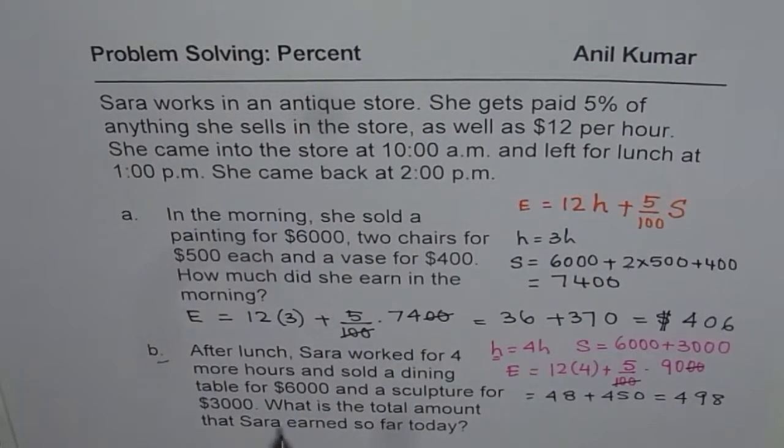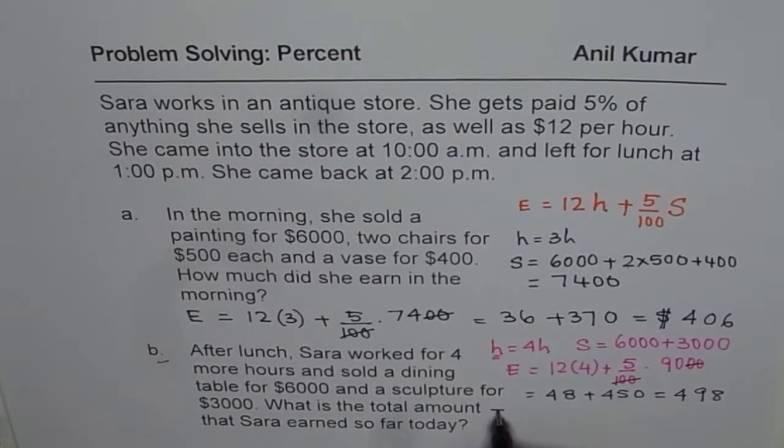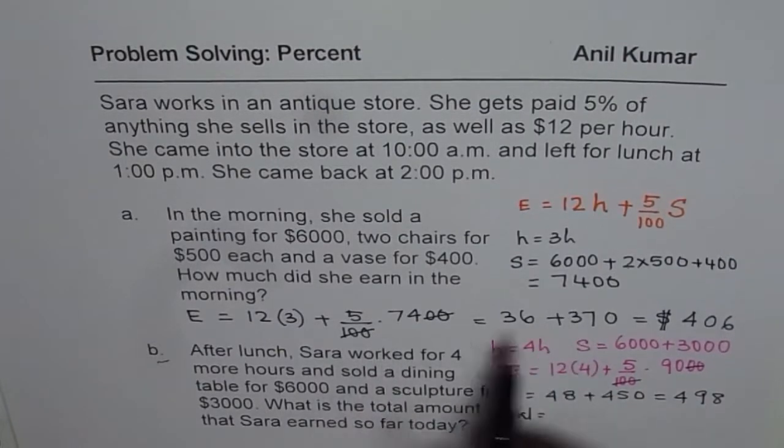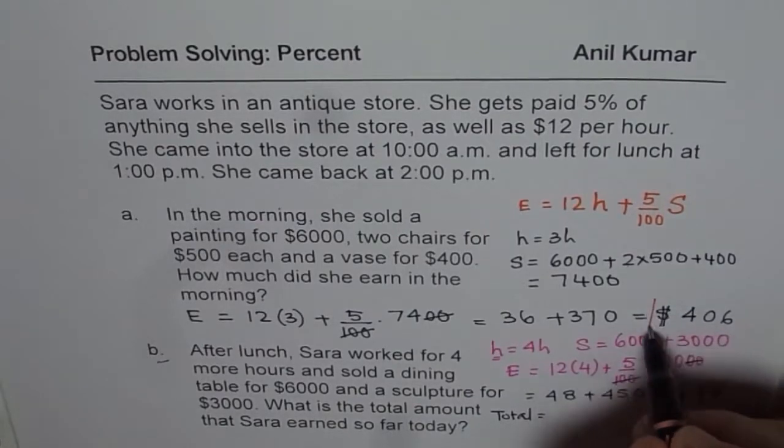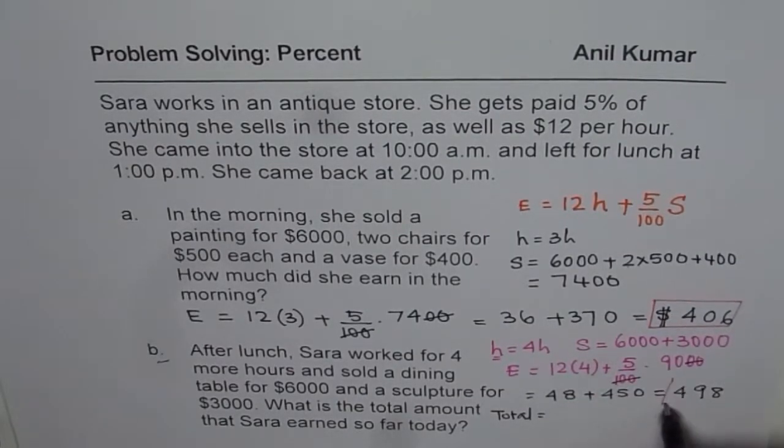Now the question is, what is the total amount that Sarah earned so far today? So total earning, we add them all. The first one was $406, and then the afternoon earning of $498.